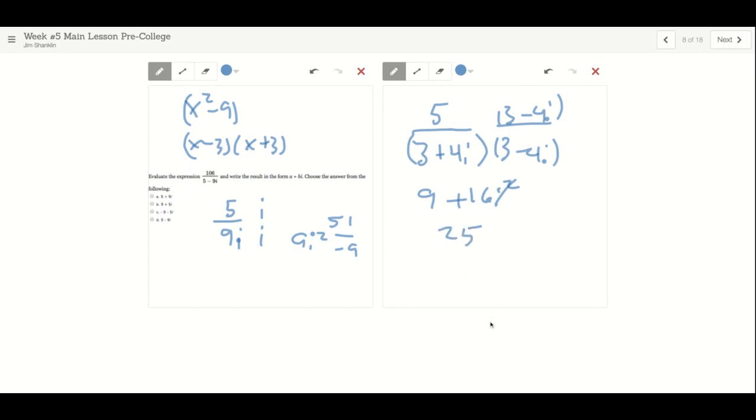So you'd end up with 25 on the bottom. I don't know if that answers your question, but when you do the conjugate, it's pretty easy when you start thinking about it, because the middle term's always going to cross off. Okay. All right, let's go on to the next one.